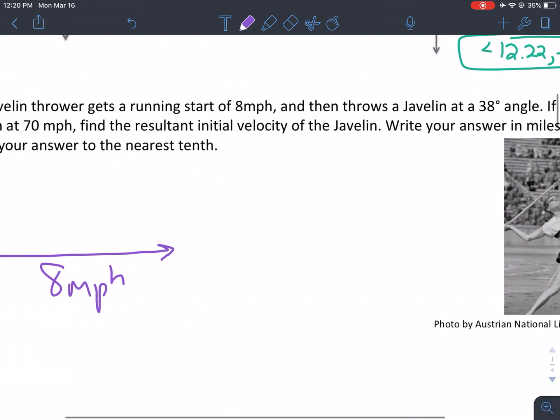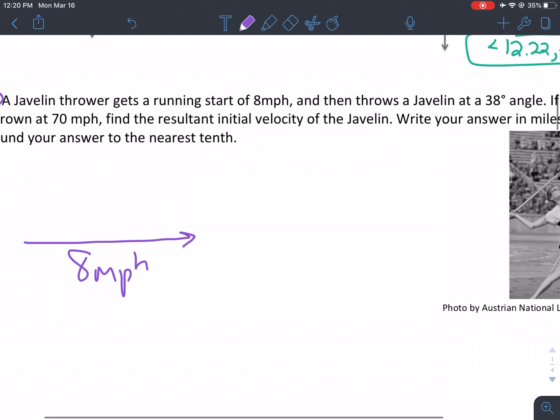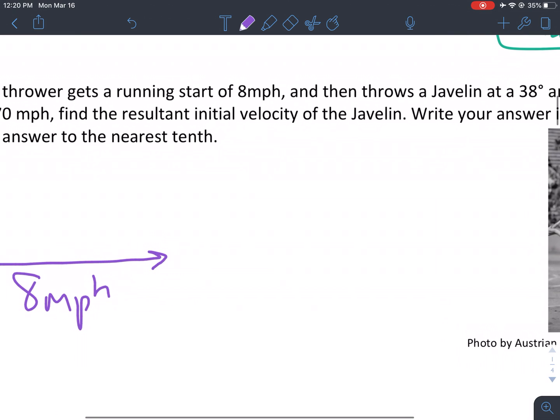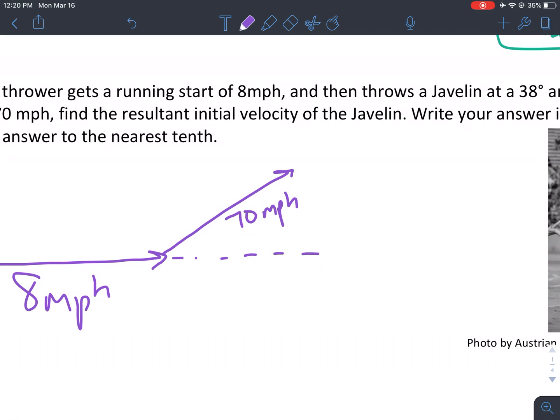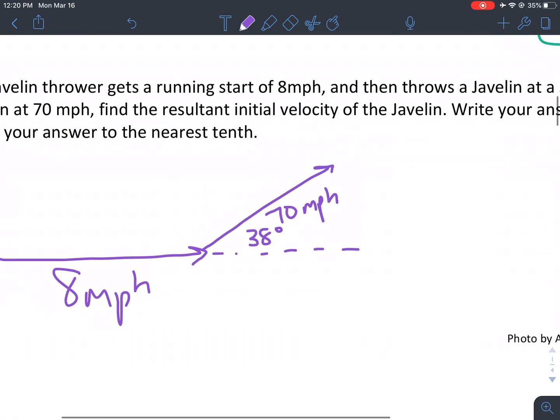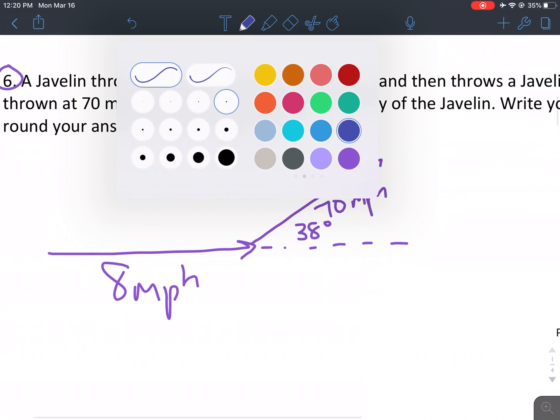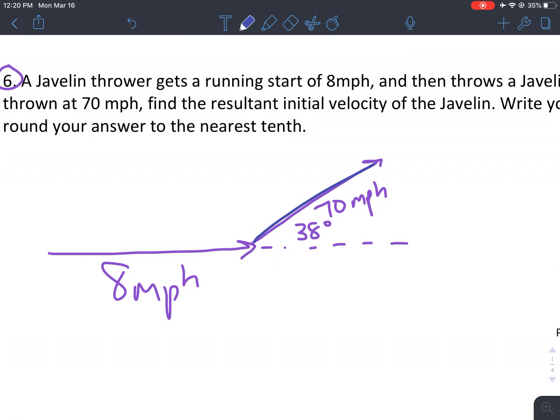At the point where the thrower actually throws the javelin, it's being launched at 70 miles per hour at a 38-degree angle with the horizontal. So because you can take vectors and move them anywhere you want, you could draw the vector here where it's actually thrown.